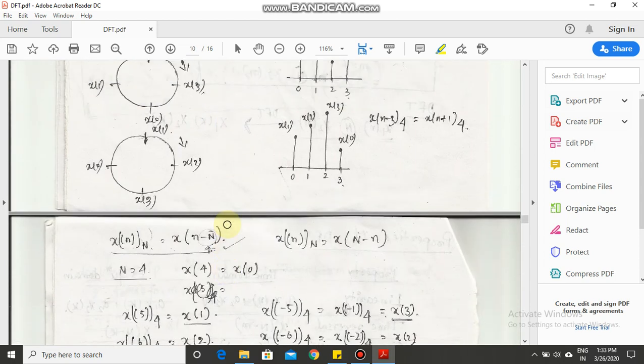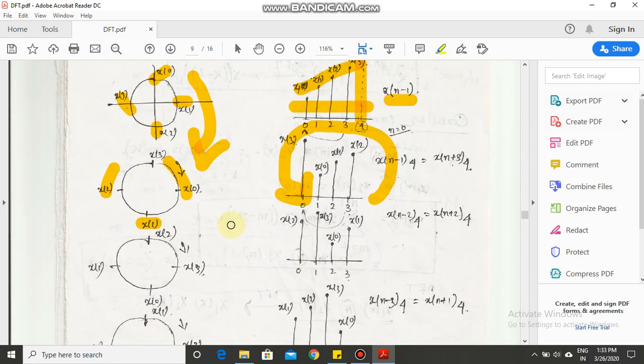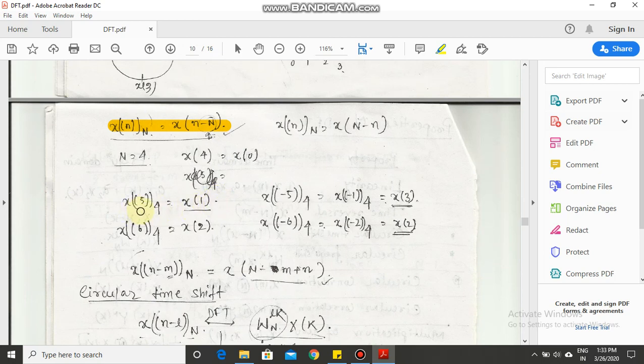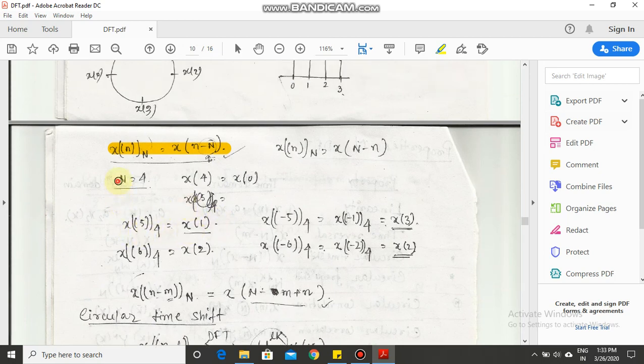Now this circular shifting is basically represented by a modulo operation. Suppose we have capital N equal to 4, meaning we have samples at 0, 1, 2 and 3. Now if I do a linear shift by 2 samples, some sample will go to x of 5.